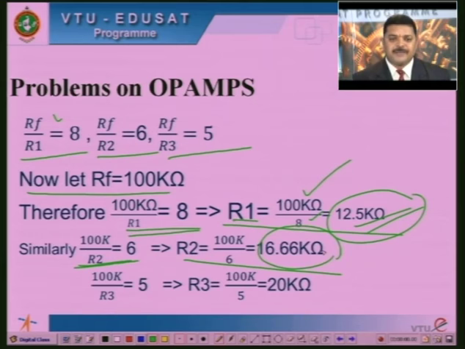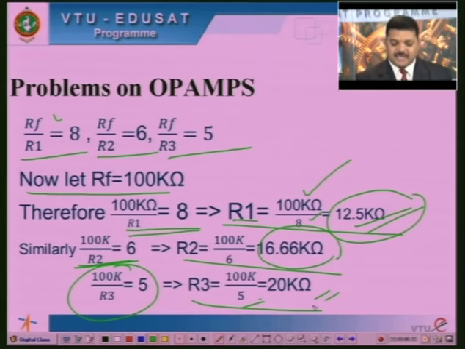R2 was found to be 16.66 kilo ohms. Similarly, Rf by R3 is equal to 5. Rf we assumed is 100 kilo ohms, so 100 kilo ohm by R3 is equal to 5. Therefore, what is the value of R3? R3 is found to be 100 kilo ohms divided by 5, which is 20 kilo ohms.